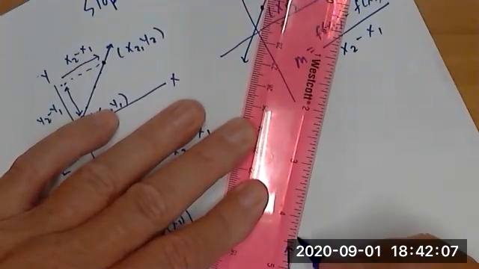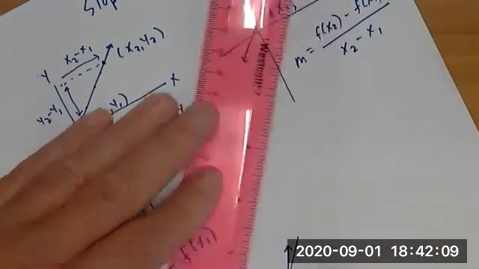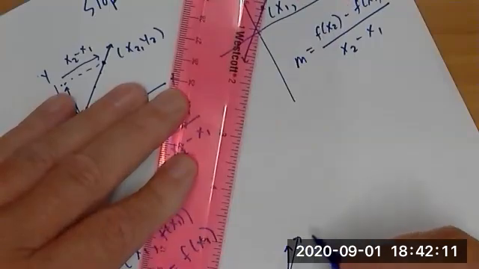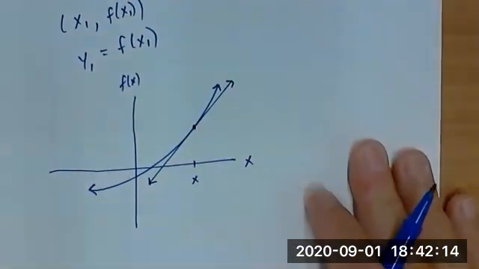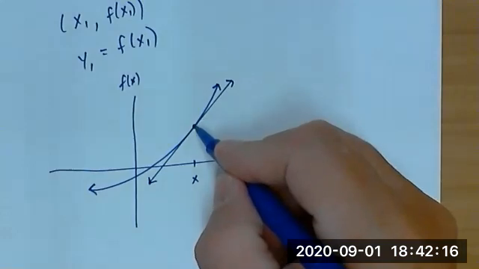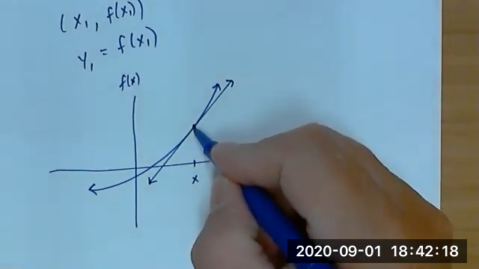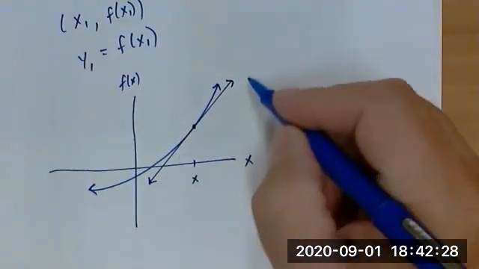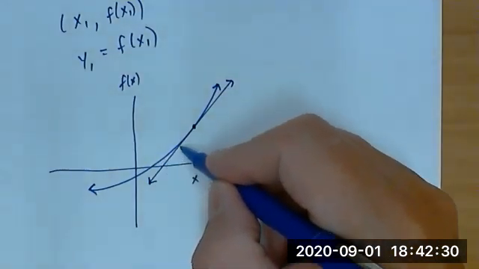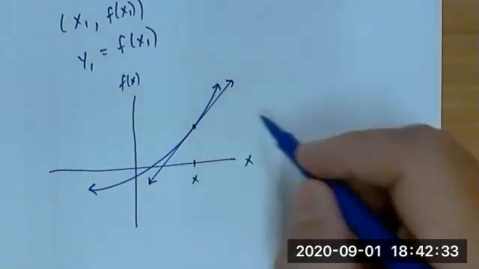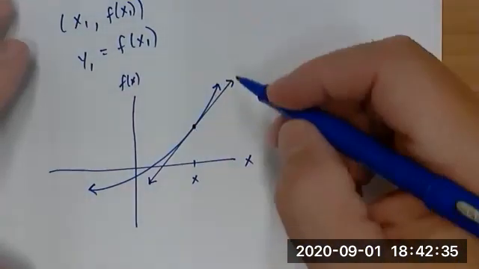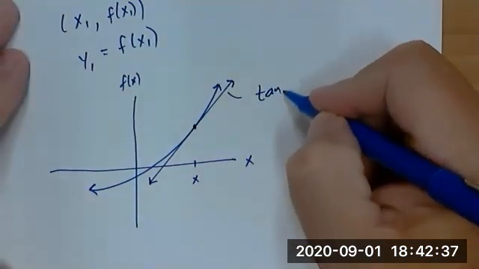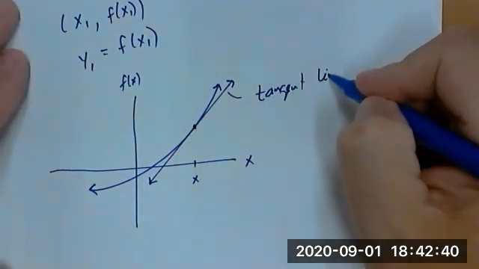A tangent line is the line that sort of goes right next to the graph and intersects the graph at only one point, the point we care about, and then keeps going. So it's really a straight line that is right up against the curve, but only touches the curve at this one point. So this is the tangent line.